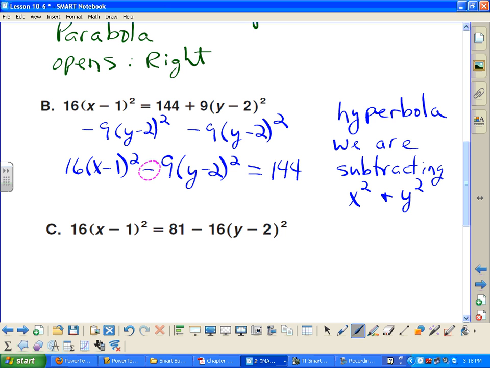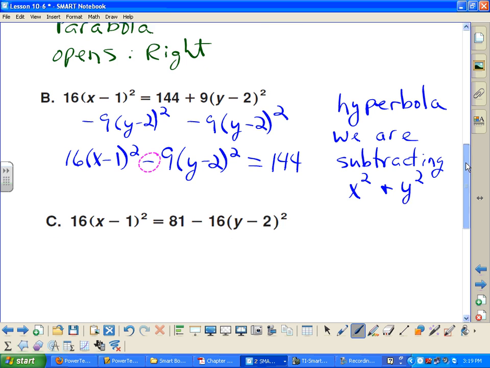Okay. So because of that minus sign, we don't need to do anything else, but it would tell us it's a hyperbola. Now, if we wanted to get the standard form of it, then we would divide both sides by 144 because it's got to be equal to 1.